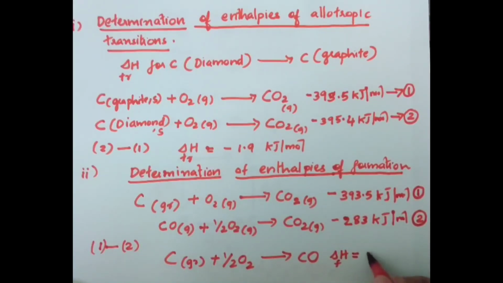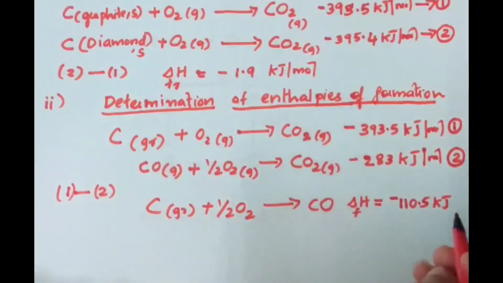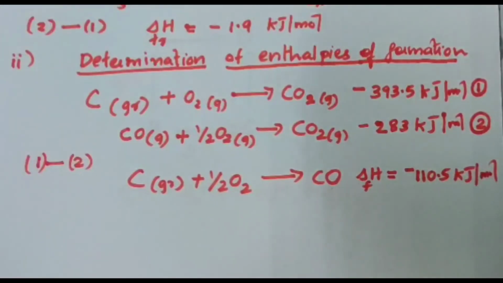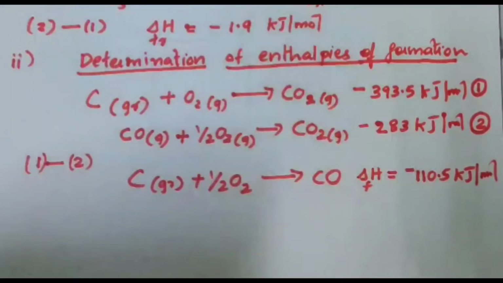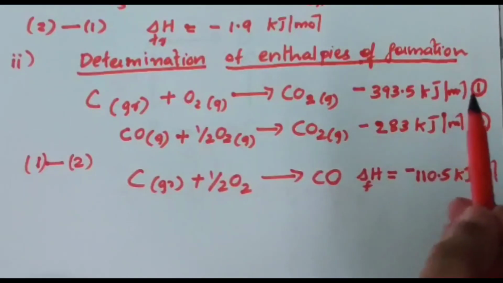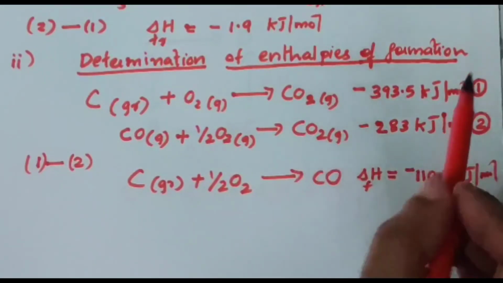So the enthalpy of formation of carbon monoxide, that is carbon plus half O2 gives carbon monoxide, can be determined using Hess's law by subtracting equation 2 from 1.